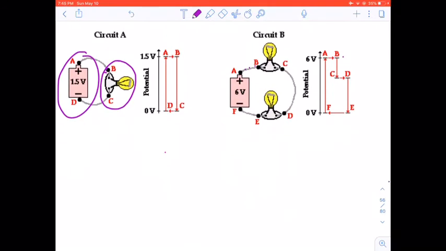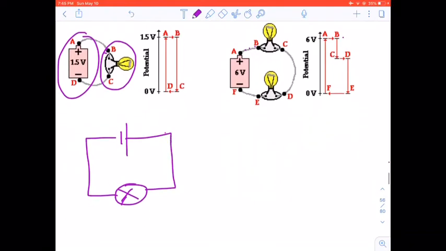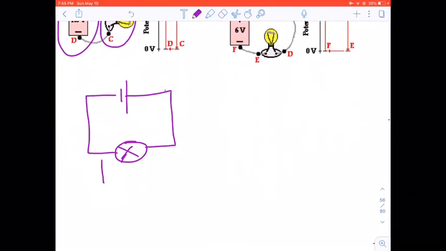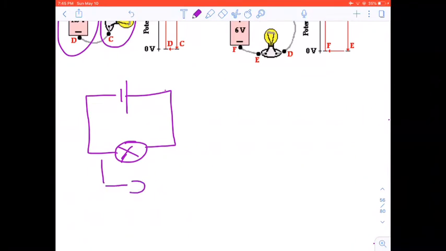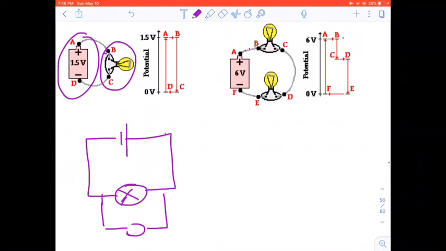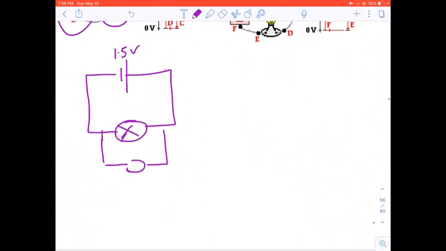So if we look at this schematically, we have a bulb there, and if we have a voltmeter here to measure the voltage, and if this is 1.5 volts, we find that the voltmeter will also read 1.5 volts.